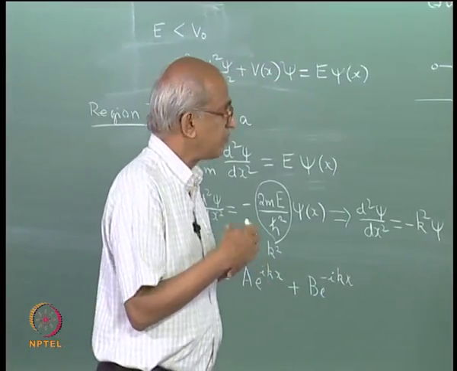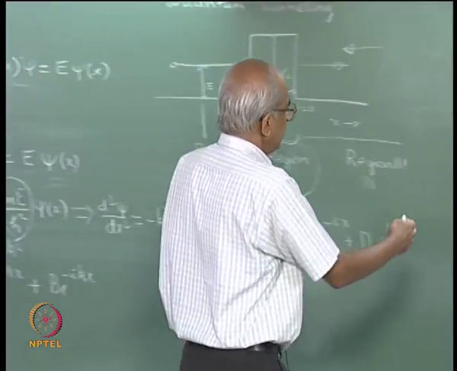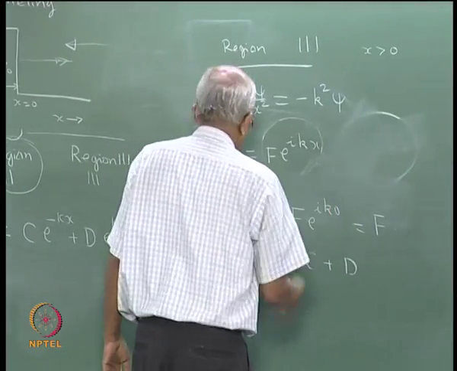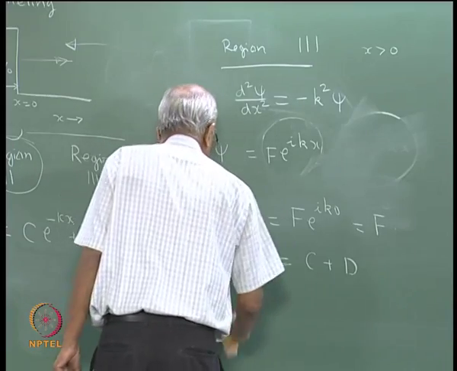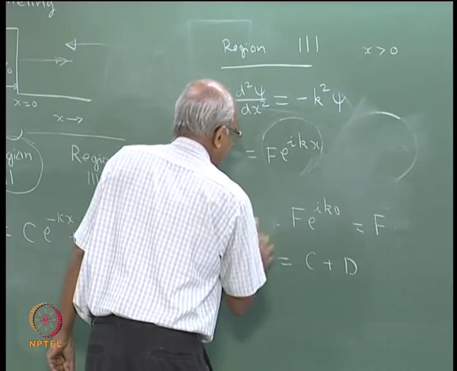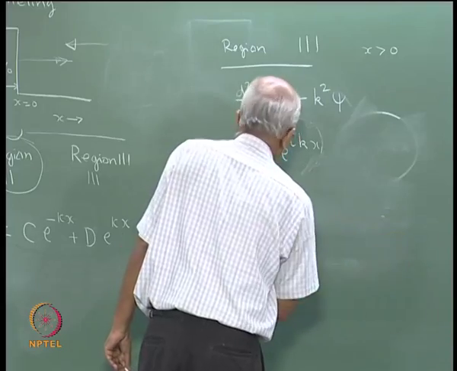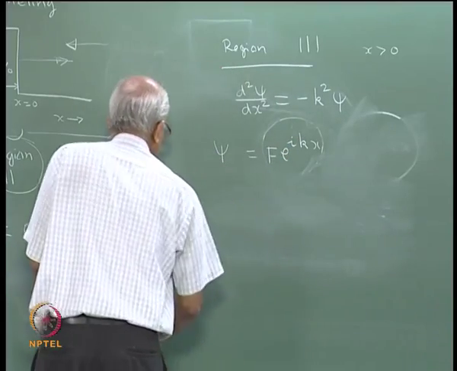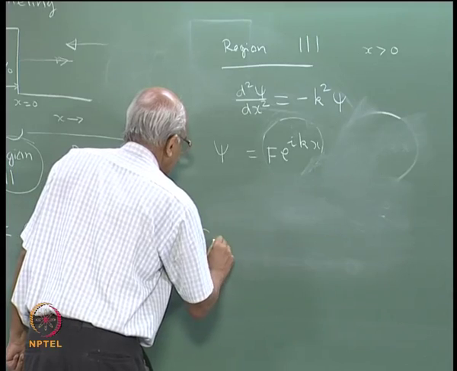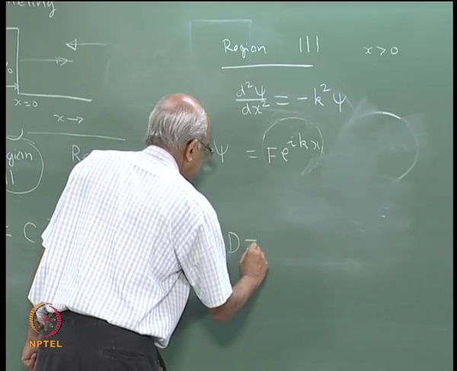In order that the wave function is continuous, these two have to be equal, and therefore I get the equation c plus d is equal to f.